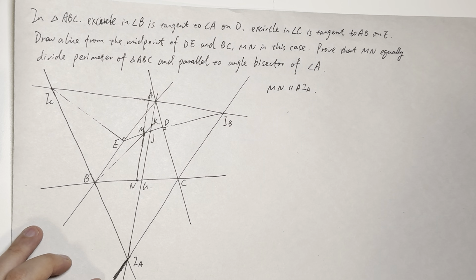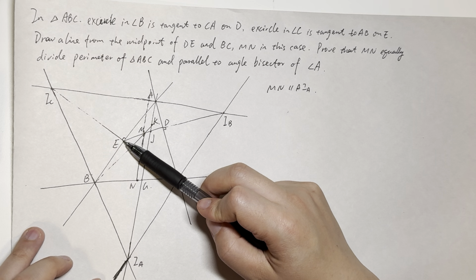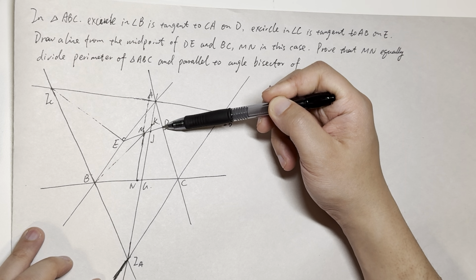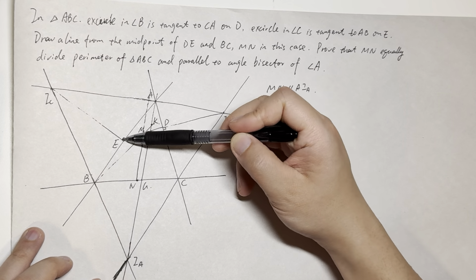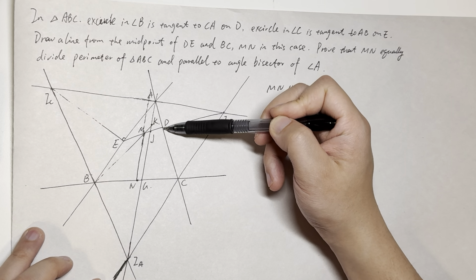Then think about this. We can quickly calculate the length of AE, based on the property of the excenter. And we can calculate the length of AD, which means in triangle AED, we know the length of AE and the length of AD.